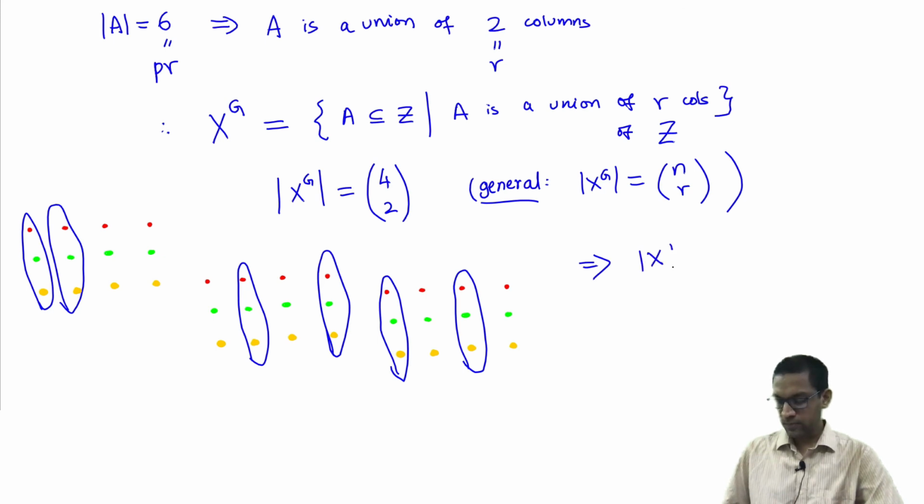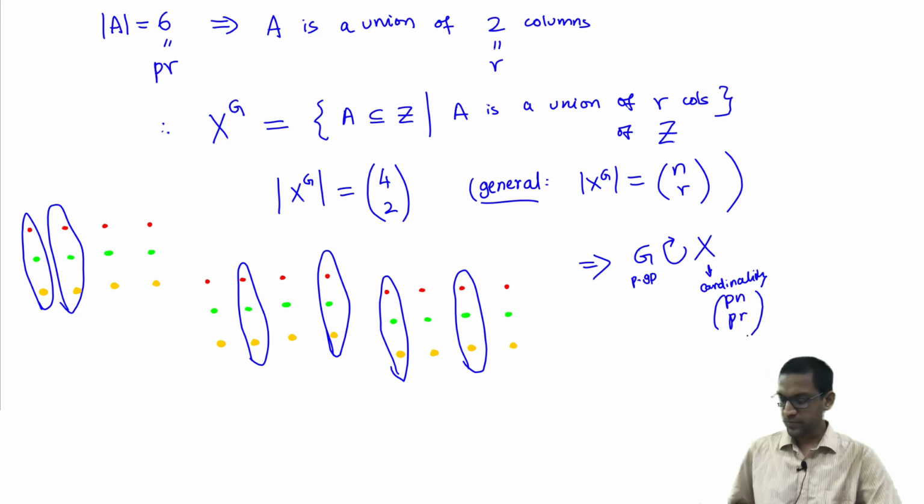But finally, I hope you will convince yourself that we have in fact proved the following. What have we done in the end? We have constructed a set X which is acted upon by a p-group, which in fact is just a cyclic group here. This set has cardinality pn choose pr, which is all configurations of pr points, and the cardinality of the fixed point set is exactly n choose r.